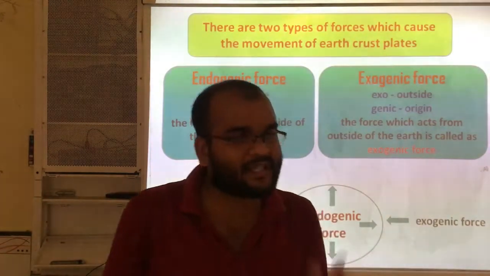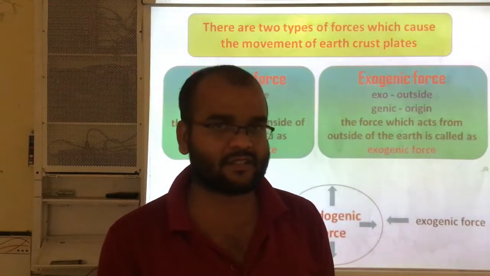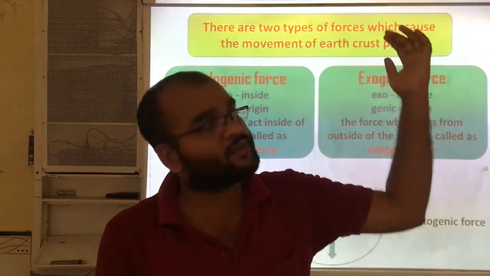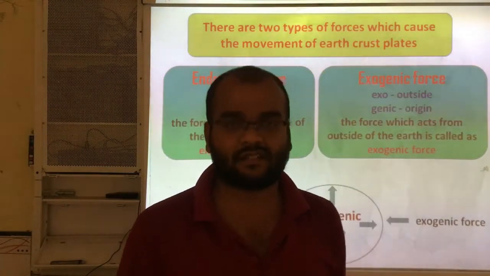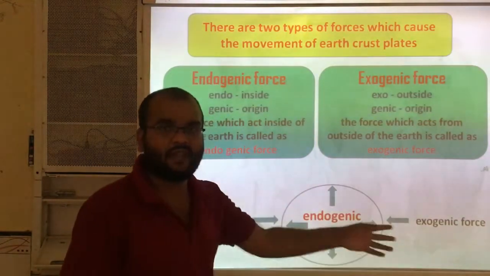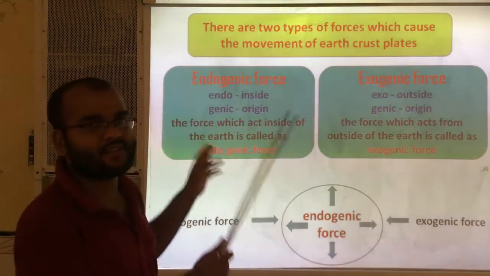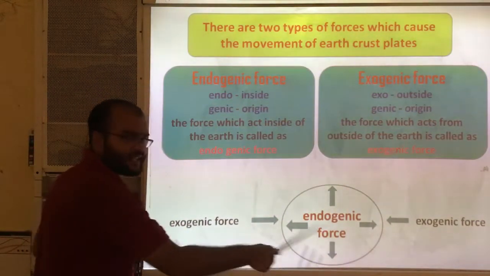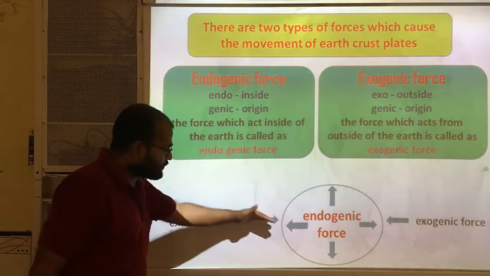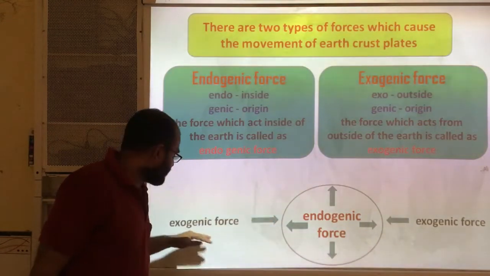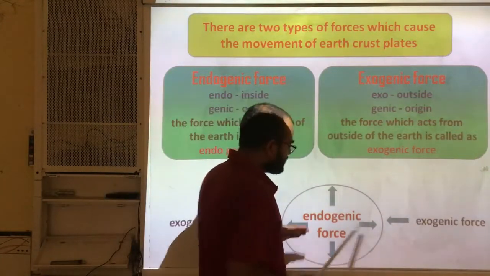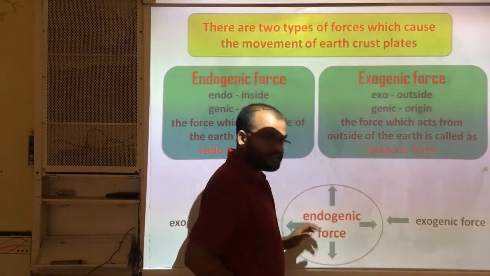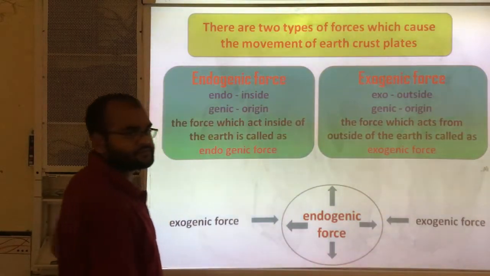Endogenic means from inside of the earth crust. Exogenic means from outside of the earth crust. By seeing this figure, we can identify that if the force is acting from outside, that is exogenic. If the force is acting from inside, that is endogenic.